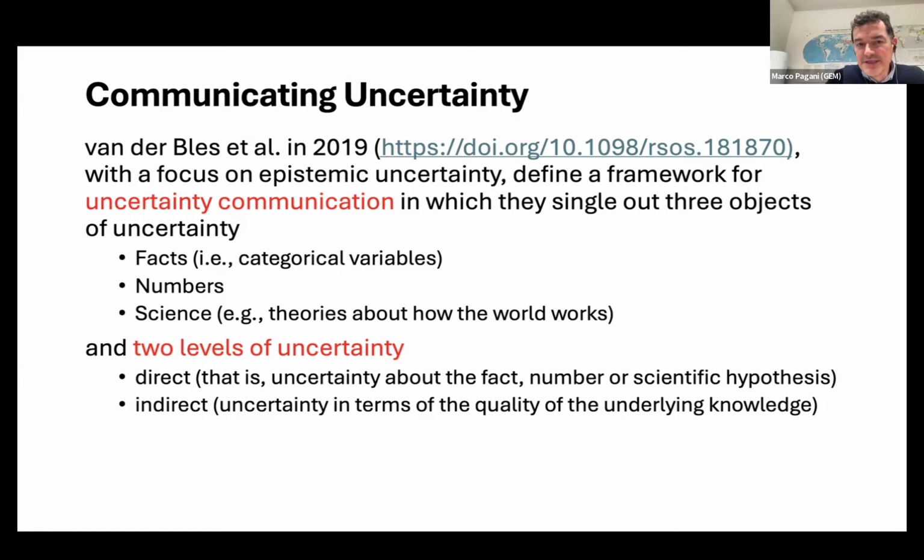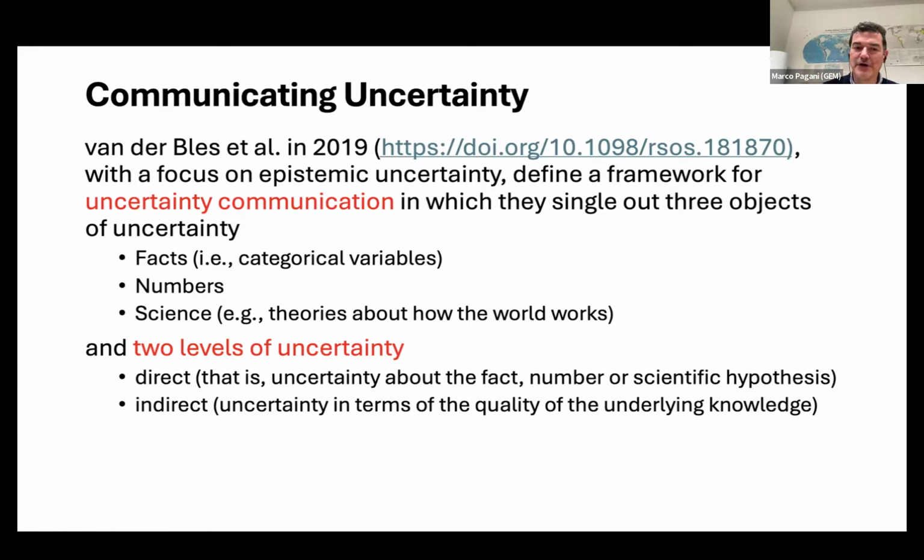For example, facts, such as the fact that there will be climate change and that temperatures will rise; numbers, such as that the global average temperature will go from X to Y; and scientific theories. And two levels of uncertainty: one that is direct, the uncertainty about that fact, and indirect, which is about the quality of the underlying science that was used to define that uncertainty.